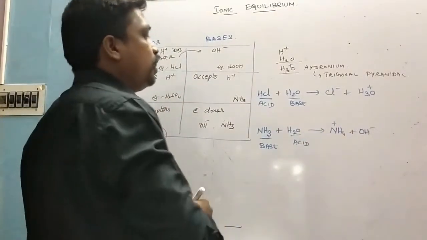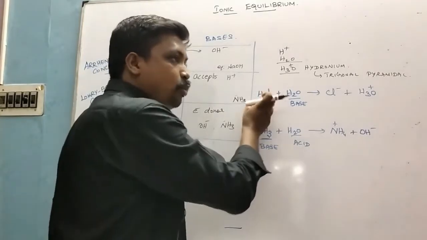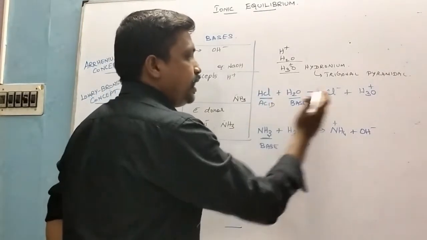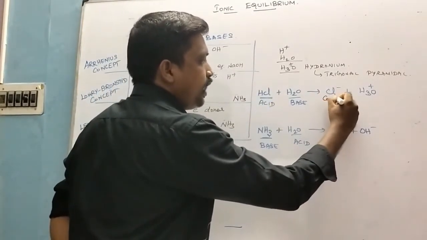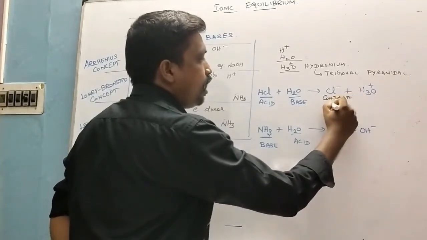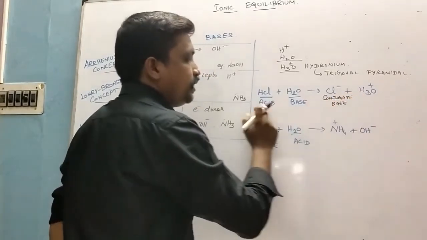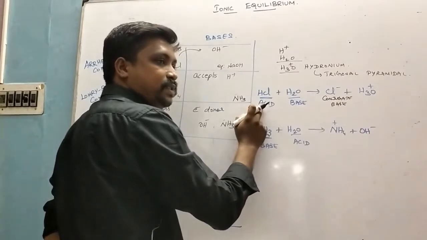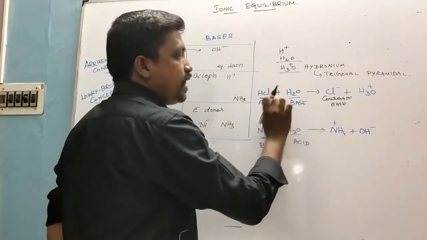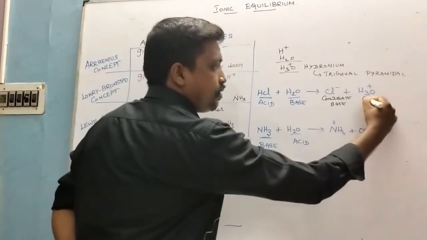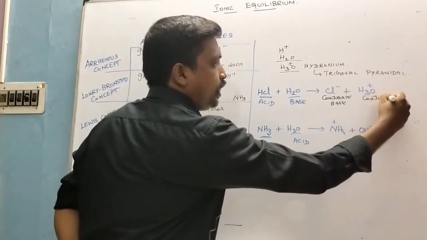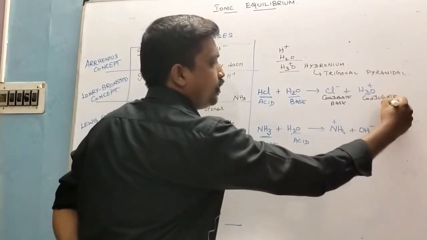Note it down. When we remove a proton from an acid, it is called the conjugate base of that acid. This is the conjugate base of this acid, right? When we add a proton to a base, it is called the conjugate acid of this base.